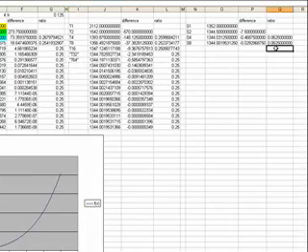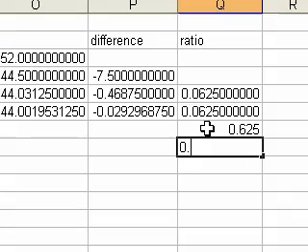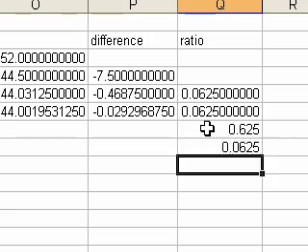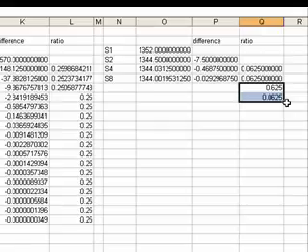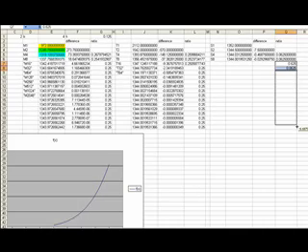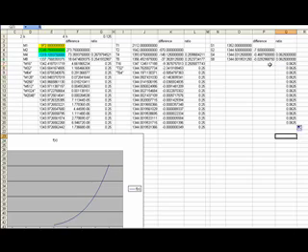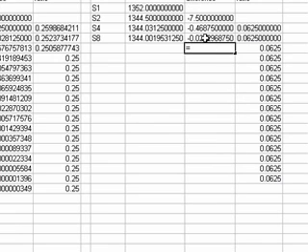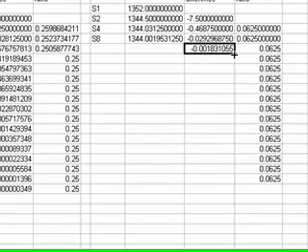Similarly, we can do the same thing with Simpson's rule, but this time the ratios go down by a 16th. So now that difference will be the previous one times a 16th.